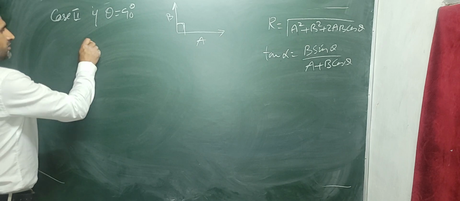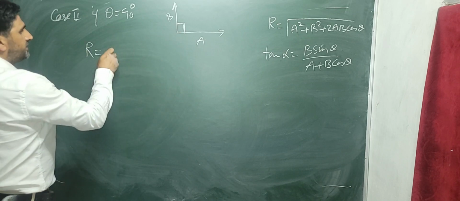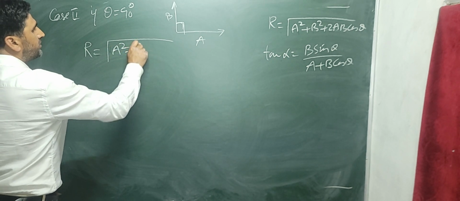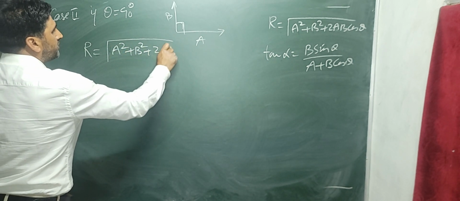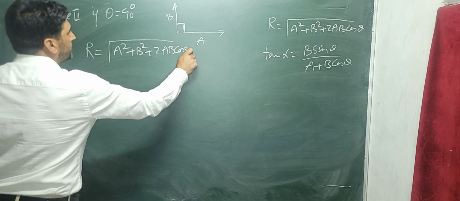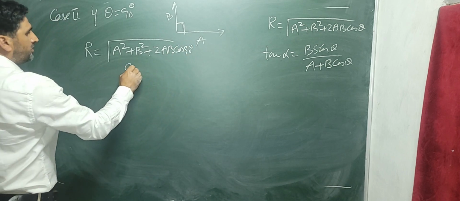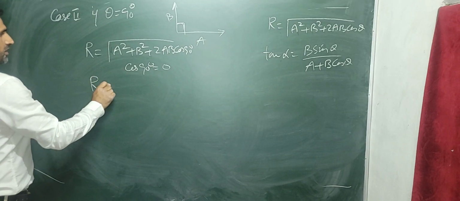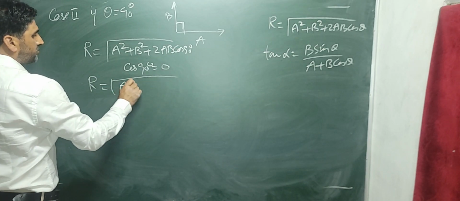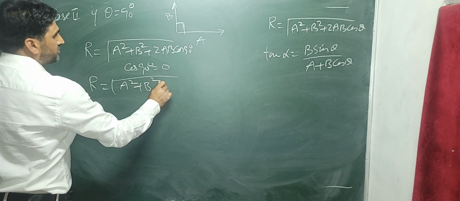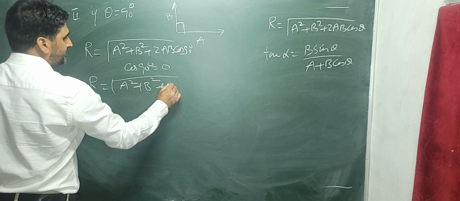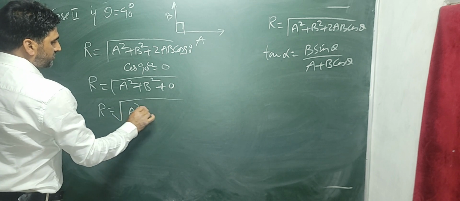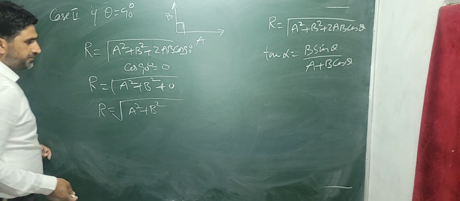So first, R for theta 90 comes out to be under root of A square plus B square plus 2AB cos 90 degree, and you know cos 90 degree is equal to 0, so it's plus 0, and you get R is equal to under root of A square plus B square.